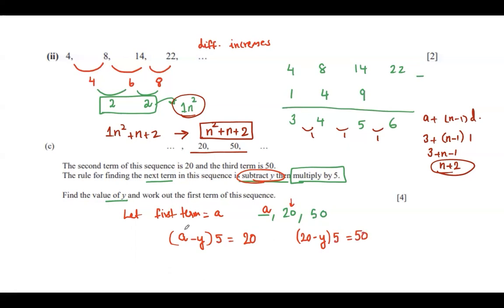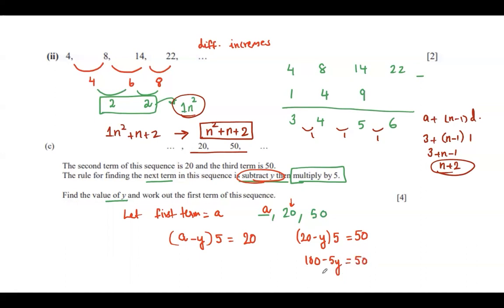So over here, I see that there are two unknown variables, so that's not much help for us right now. But over here, I have one variable, so I can work with this.